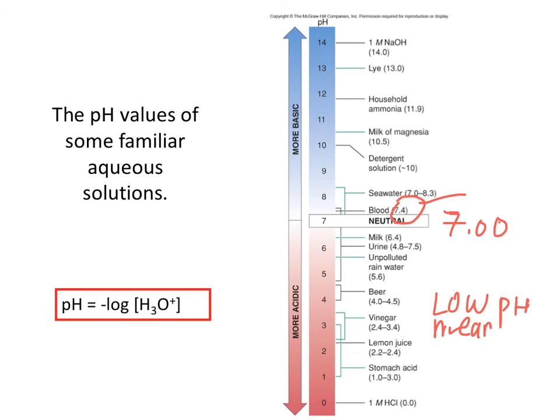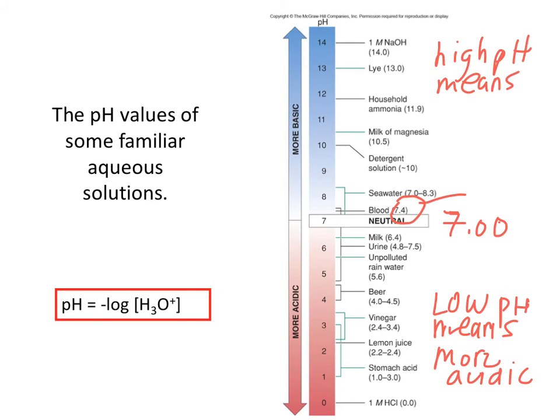This is something to remember. High pH means more basic. And again, we think of 7 as what we call neutral. Okay, and so blood's a little bit basic.